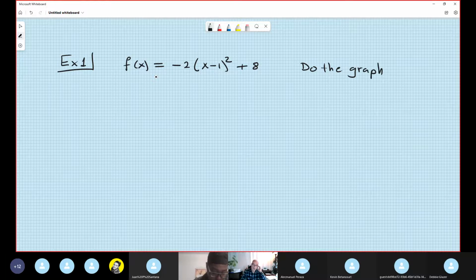So I present to you different parabolas, and first of all, identify if the function given in the example is expressed in vertex form or standard form.